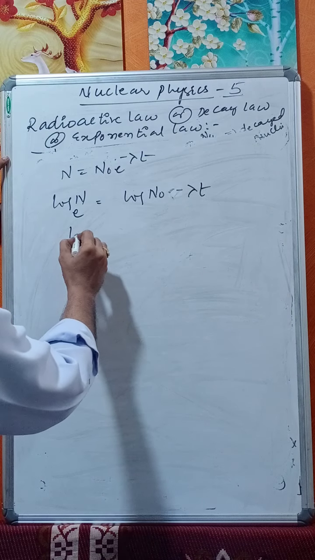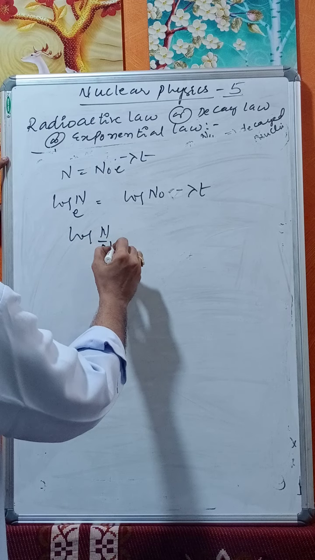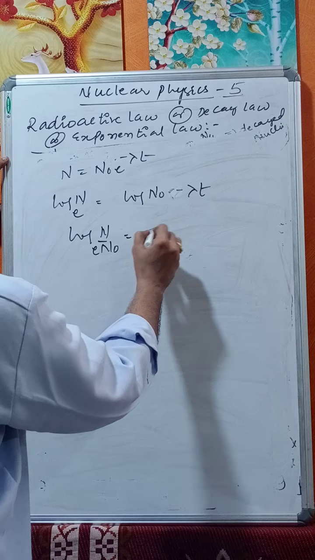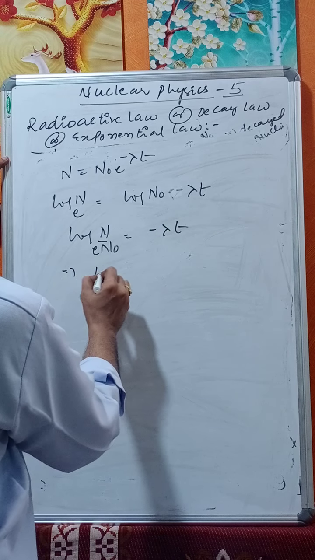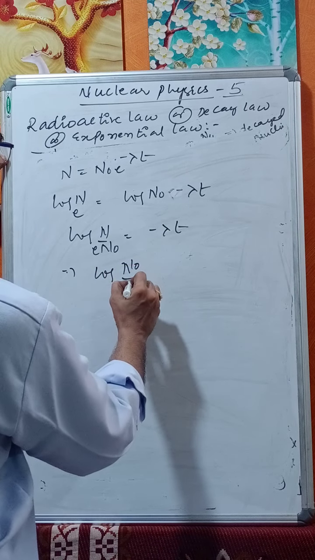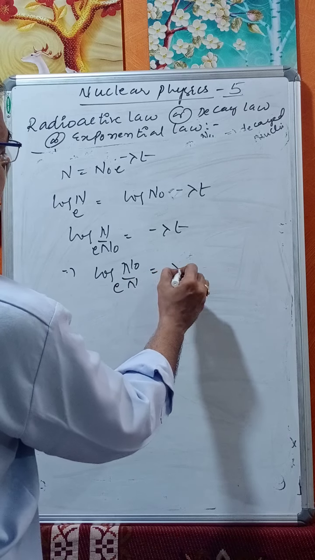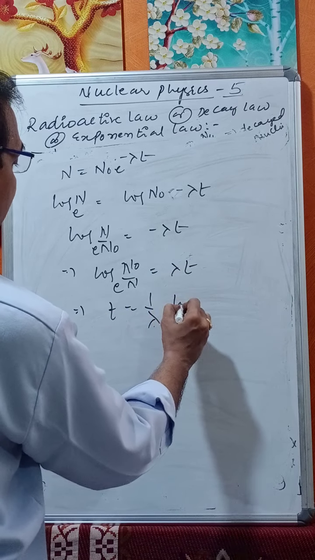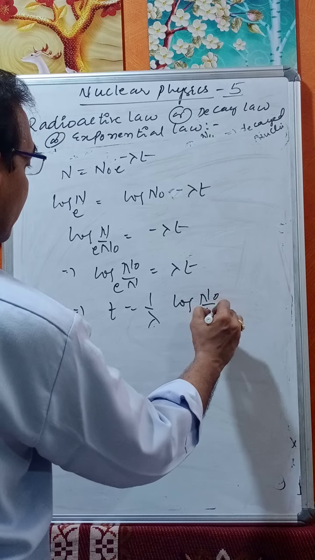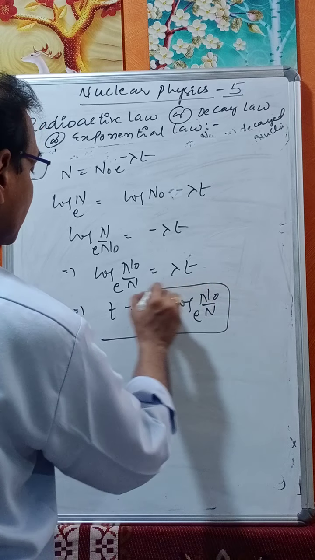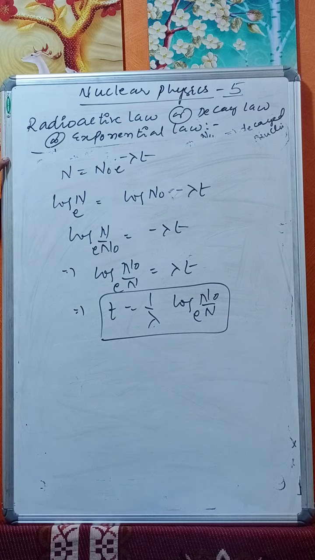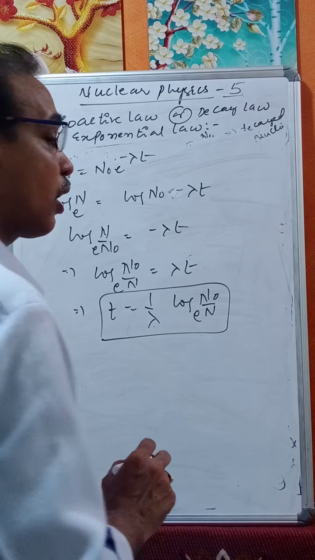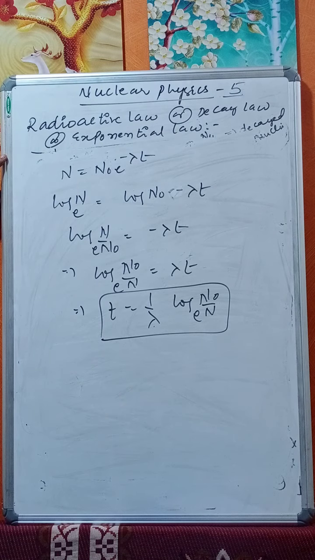This implies log n by n naught to the base e is equal to minus lambda t, implies log n naught by n to the base e is equal to lambda t, implies t is equal to 1 by lambda log n naught by n to the base e. This is another expression for the time.